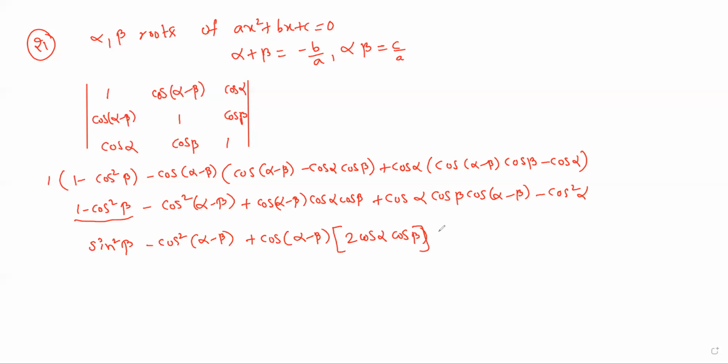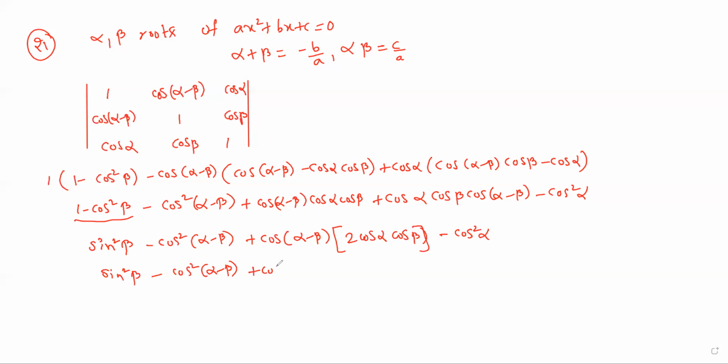Minus cos square alpha is already there. Okay, now 2 cos alpha cos beta we can write as sin square beta minus cos square alpha minus beta.